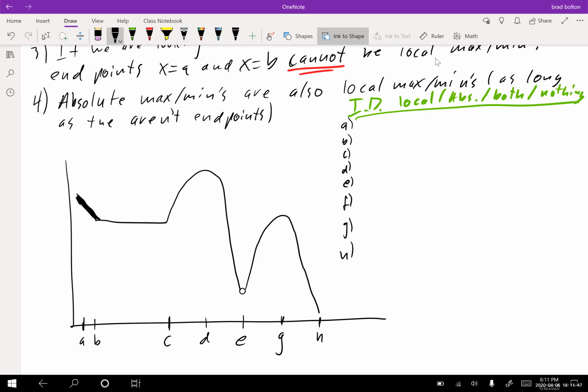It goes right to there, okay? So that's A, right? If you had to draw a dotted line, it goes down to here. So there's A, okay? Now, is A an endpoint? Yes, A is an endpoint, right? So A cannot be a local. So we already know A cannot be a local, okay?